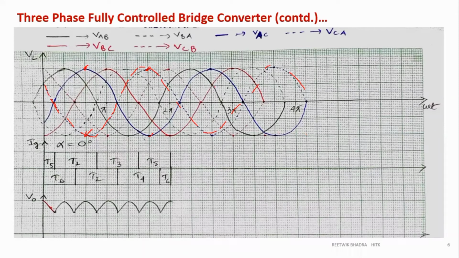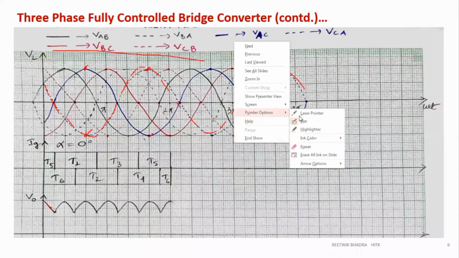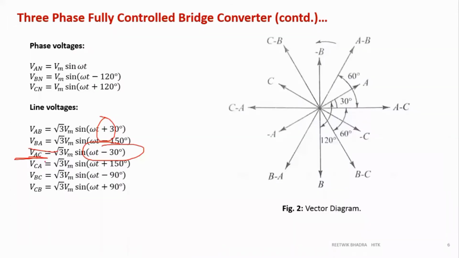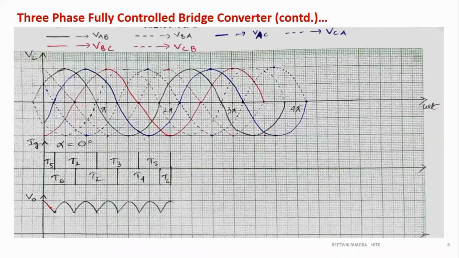So this is how you have to draw VBC, VCB. I am leaving it up to you. You draw it. I'm just giving you a hint over here. VCB or VBC is minus 90 degree. If you see this red line, the red line is starting at 90 degree. So 90 degree means 1.5 centimeter. You start your waveform like this and continue it over here.